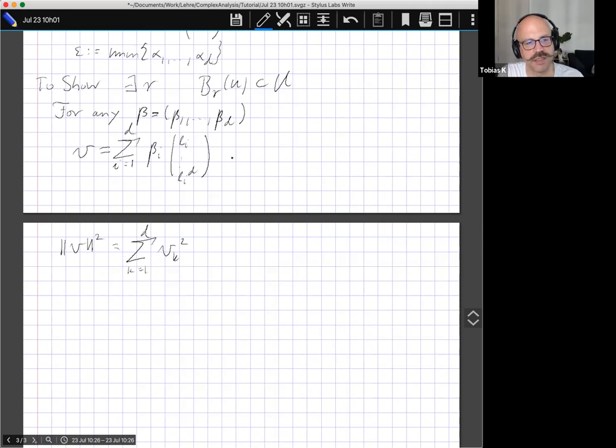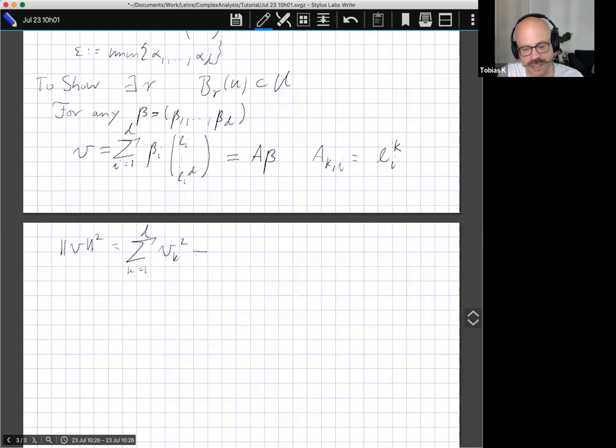Okay, so to express this, I write this here as a matrix with a product with beta. And so from this, I see that my matrix A_{k,i} has to be equal to l_i to the power k.